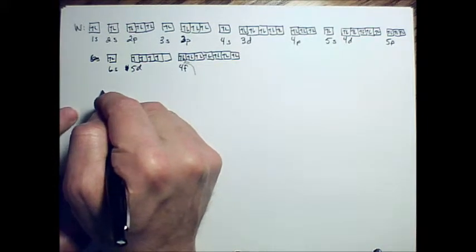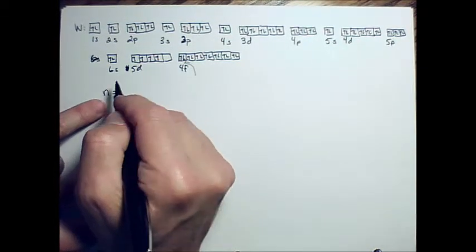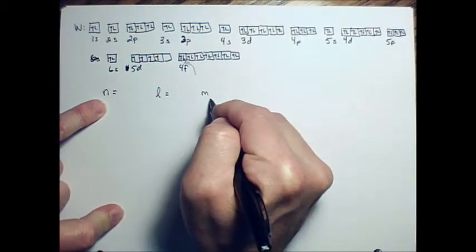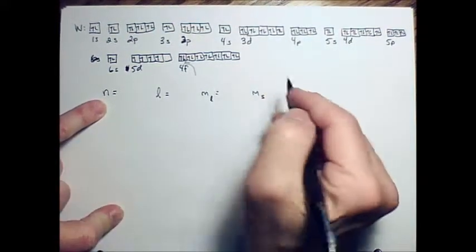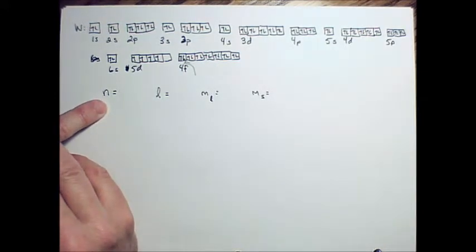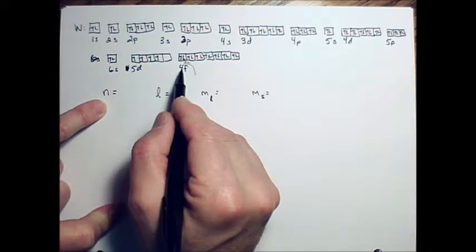Alright, so there are 4 quantum numbers symbolized by these letters: n, l, m sub l, and m sub s. n is the primary energy level that the electron is found in. Well, that electron's found in the primary energy level number 4.